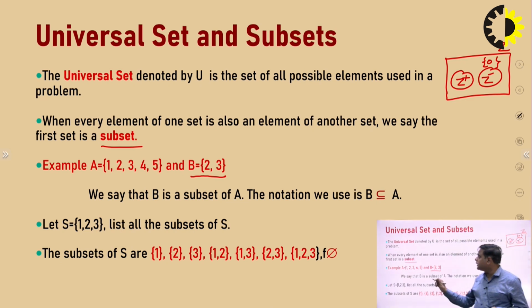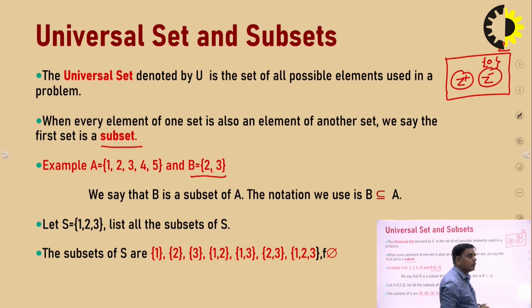You can see in this example, 2 belongs to A, every element of B belongs to A. So 2 is an element of A, 3 is an element of A. So we can say B is a subset of A.